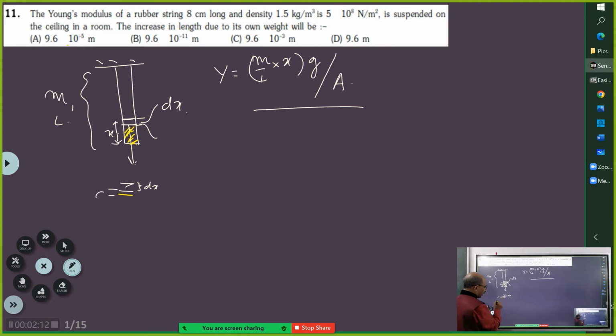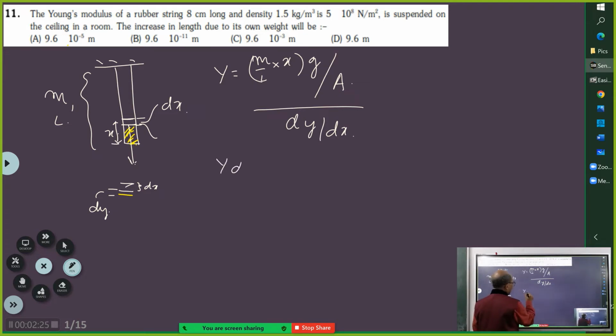So the strain will be dy by dx. This is how you have to formulate the equation, and then the rest you have to integrate. So Y into dy. This integration gives the amount of elongation. Assuming that it will elongate finally by delta L.